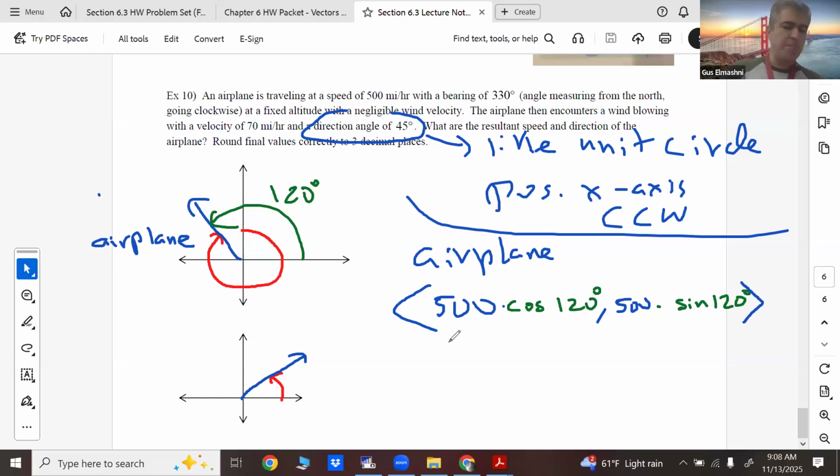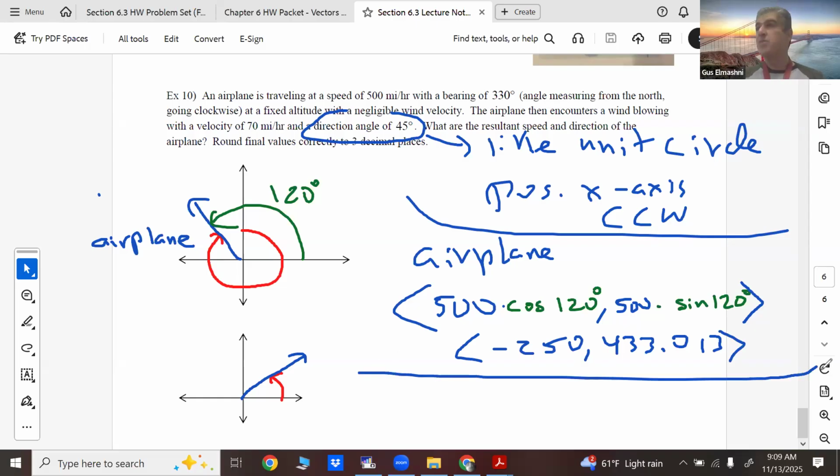Okay, so that should be negative 250, comma some wacko number. These are all 433.013. By the way, I really want you guys to practice precision because if an airplane's just a little bit off, if it's got to fly to Seattle and it's a little bit off, maybe it's going to land in Idaho or Wyoming or somewhere else, right?